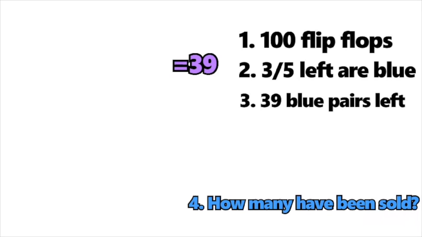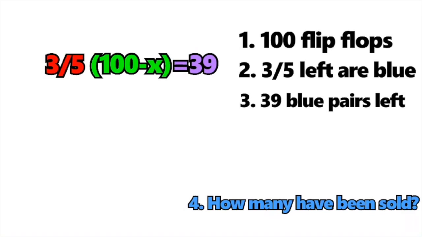In this case, x is going to mean how many total flip-flops we have sold. So 100 minus x. However, I'm not done with my equation because 39 is only the number of blue pairs left. So I have to start with that fraction in front of my parentheses because that's the fraction that are blue. From here, try to solve the equation on your own.